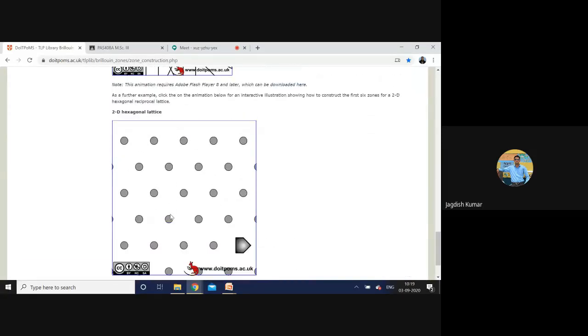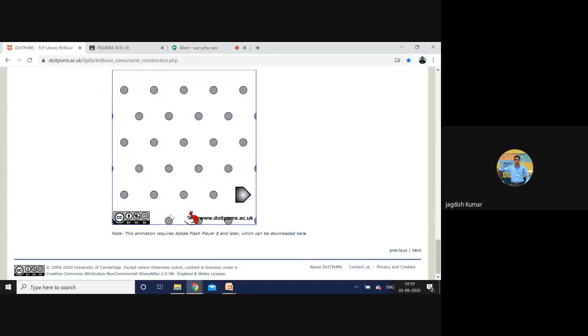This is again a reciprocal lattice. If you see a 2D real space lattice that is hexagonal, the reciprocal lattice for that also comes out to be hexagonal. So how to draw Brillouin zones for this case? Again, let us assume this is the central point, the reference point. Let us connect it to the neighbors.